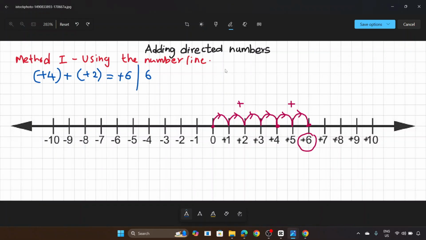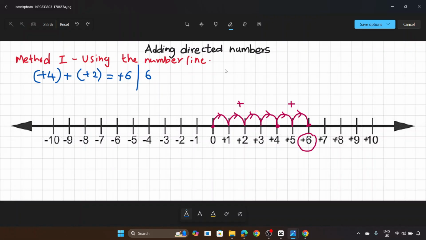I forgot one important point: when we write a positive number, we can write it as positive 6 as well as without the positive mark, just 6. In positive numbers, it is not a must to write the sign with the number.